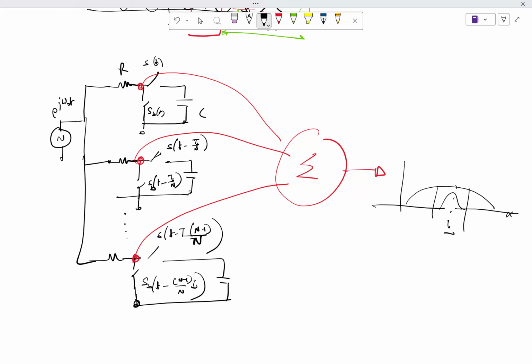So you are going to see tones at omega s, 2 omega s, 3 omega s, right? And if you have to get rid of the tones at 2 omega s, 3 omega s, then you essentially need a bandpass filter. The other way to think about it is that you want to put a sinusoid here, and when you take this out, you would want this to also be a sinusoid.